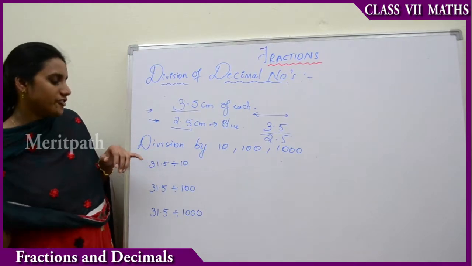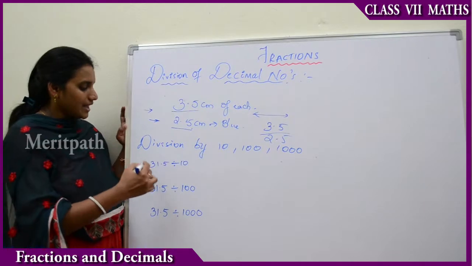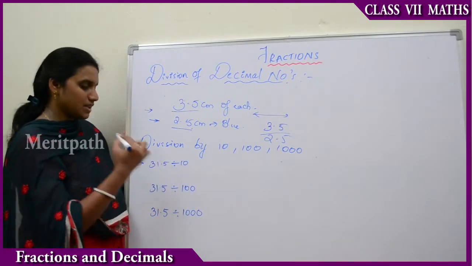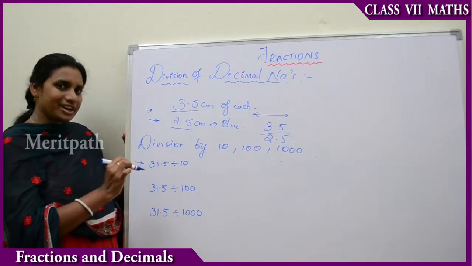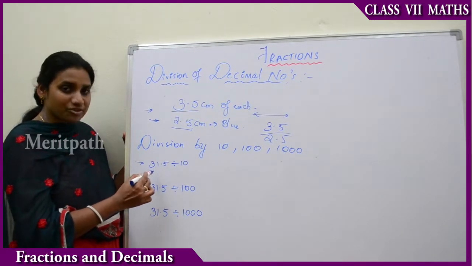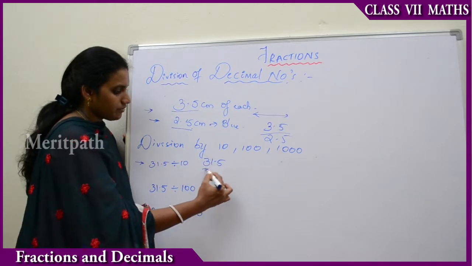That is division of decimal numbers by 10, 100 and 1000. Let us take one example in order to understand. After this example, you will be clear how to divide these decimal numbers, and we will be dividing 31.5 by 10 first. That is 31.5 divided by 10.